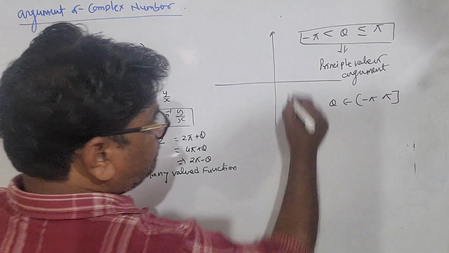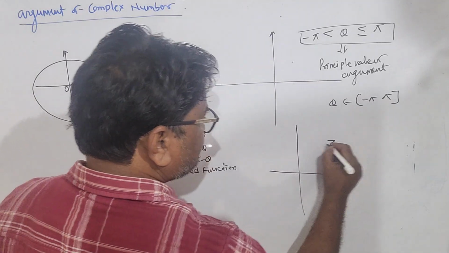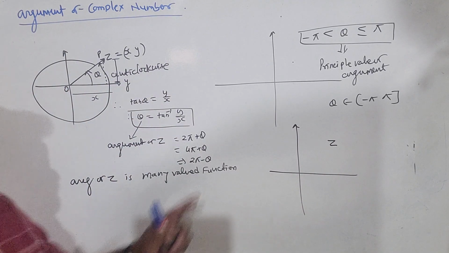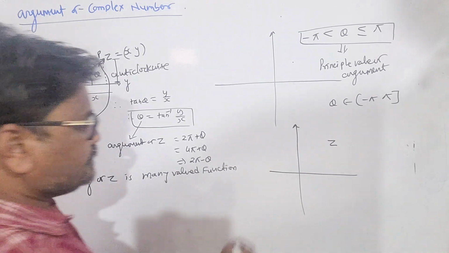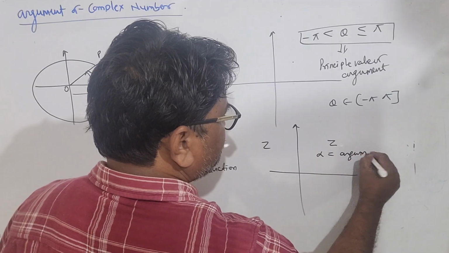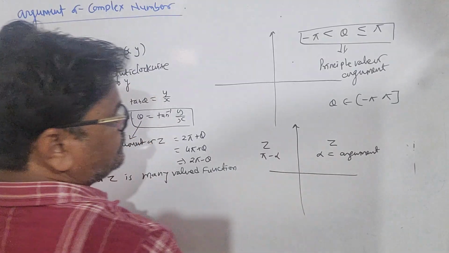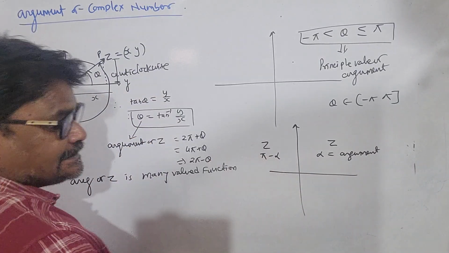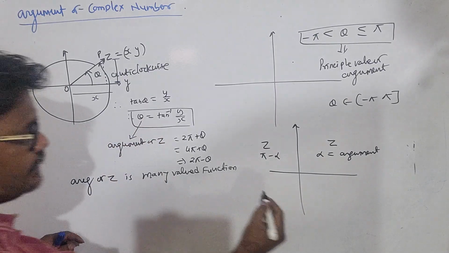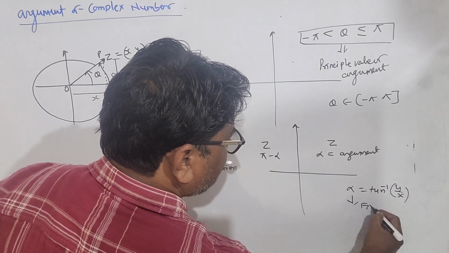Again, see, if suppose the complex number z is lying over here in the first quadrant, then your argument is your principal value of that argument. Similarly, if z is lying in the second quadrant, suppose that alpha is your argument, and here we will have pi minus alpha. Now alpha is definitely this theta, where alpha is tan inverse of y by x according to the first quadrant.